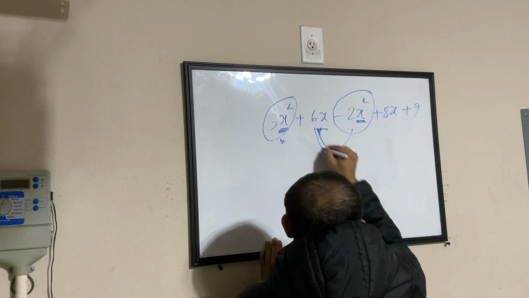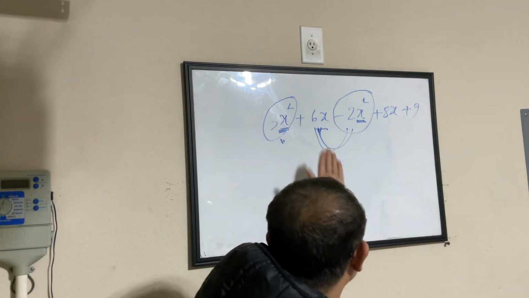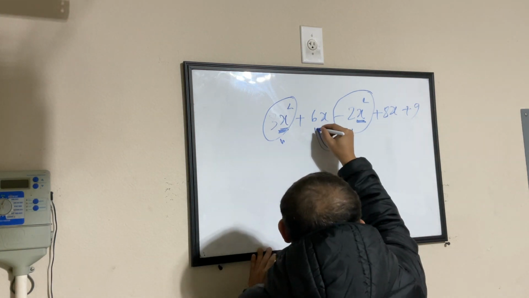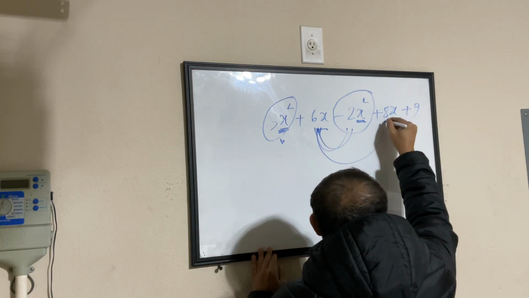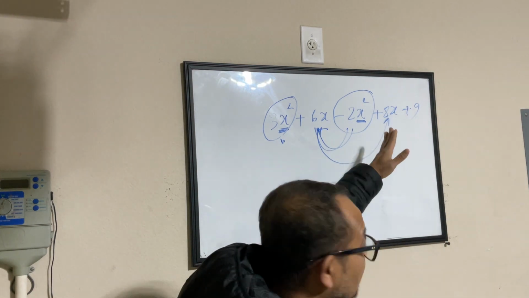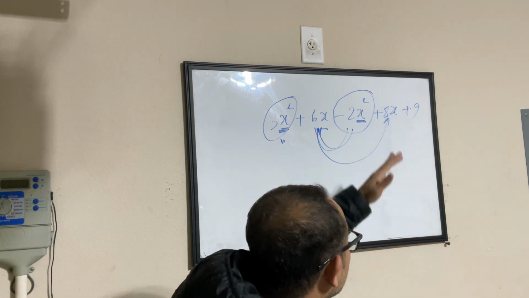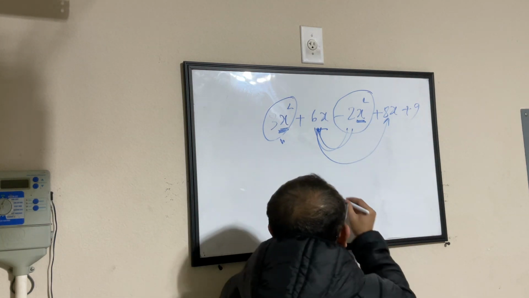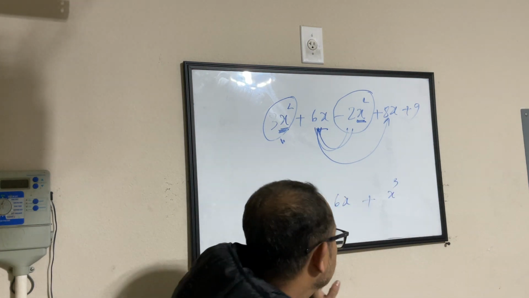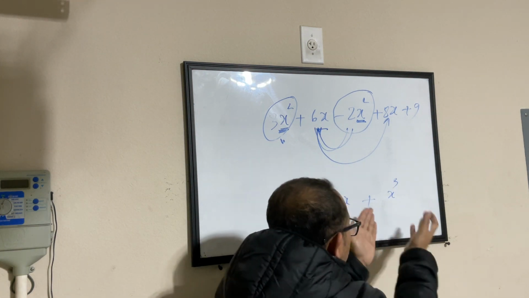let's see, if I have to add these two, there is no way I can add. I can only take x common and that's it. But when I am trying to add or subtract, I will add or subtract this with something that has x to the power 1 as the term. I will not deal with 6x and x cube. I will not try adding them because even if I add them, they will remain as 6x plus x cube.